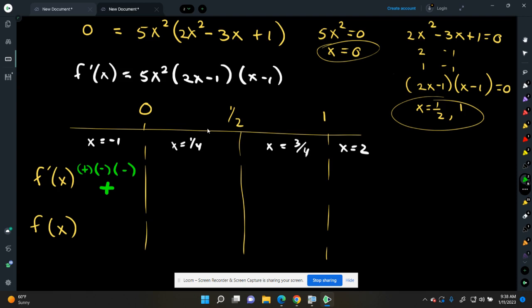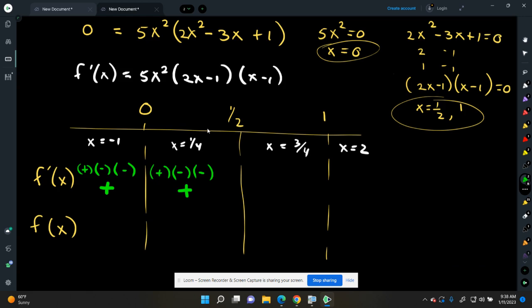Okay, x equals 1/4. That's going to give me a positive. Now, 2 times 1/4 is 1/2 minus 1, so that's going to be negative. And then 1/4 minus 1, that's also negative, which means it's positive. Now, it's not as common to have a situation like this where it stays the same.